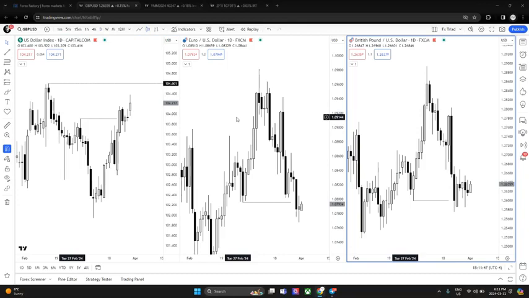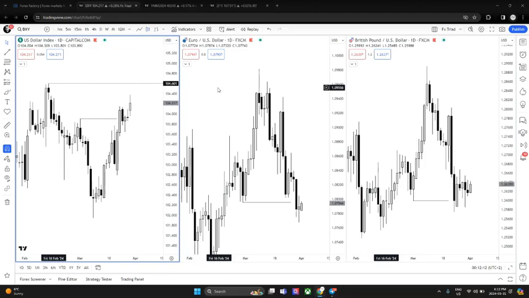I have multiple monitors, each with a layout on it. I use the center screen for fundamentals, which is literally just looking at Forex Factory, sometimes watching the news, just looking at what's happening around the world, just keeping tabs.